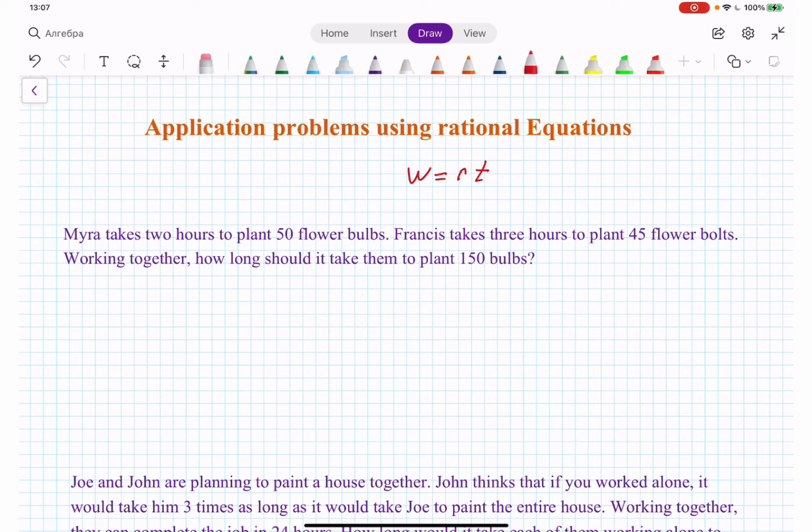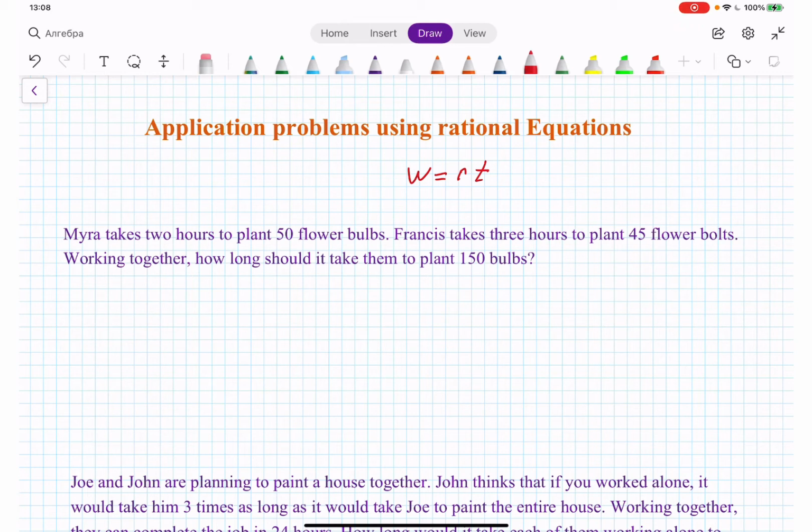Therefore, you can add their individual work rates together to get the total work rate. R is the work rate, T is the time that the job is going to be done in.